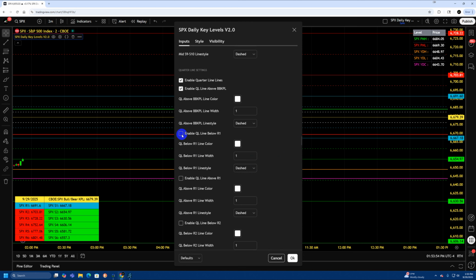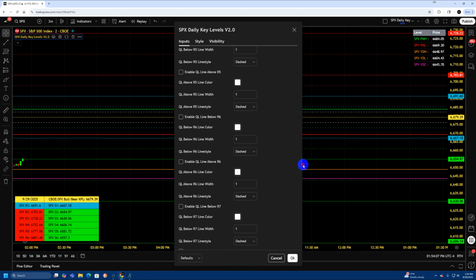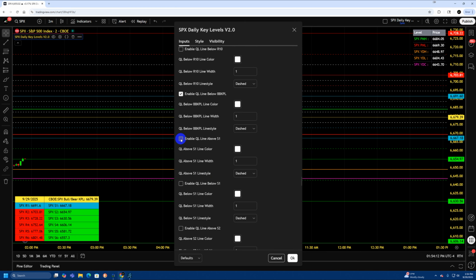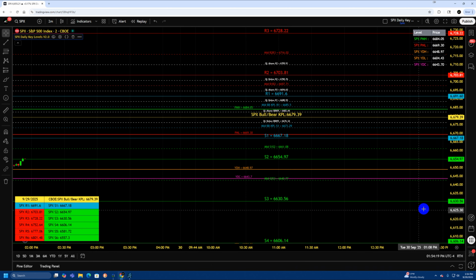Then enable QL below R1 and above R1, below R2 and above R2, and then the same thing for the S levels: above S1, below S1, above S2, and below S2.